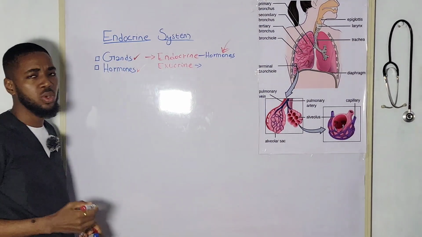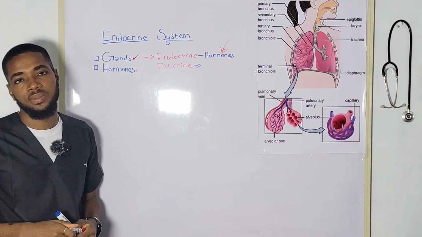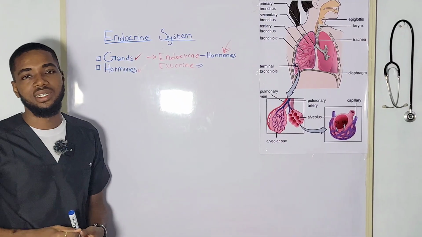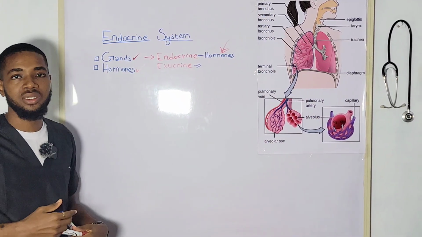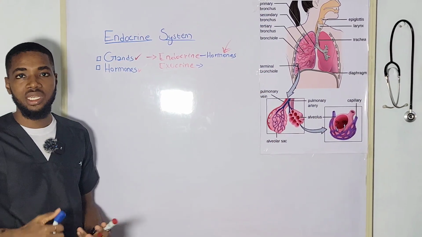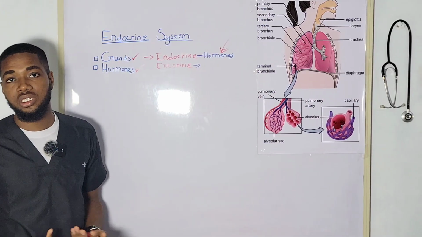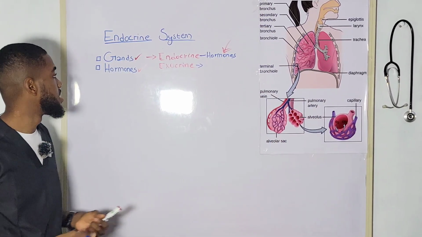So what exactly are hormones? Hormones are simply chemical substances. You can equally call them chemical messengers that the glands use to communicate with the body to regulate bodily functions like your temperature, your pH, your metabolism, growth, and different things.